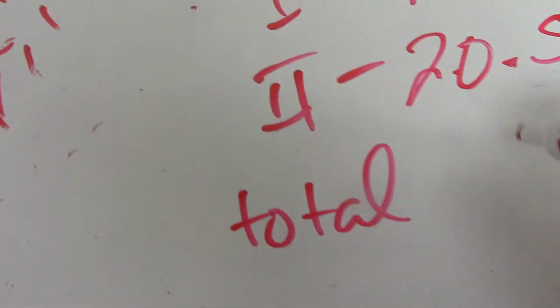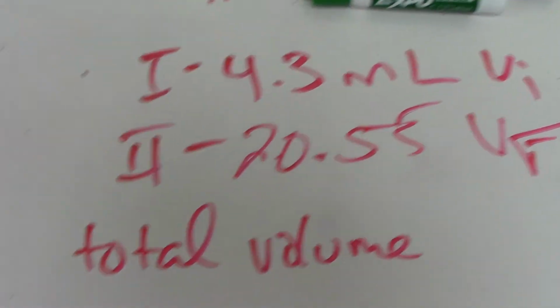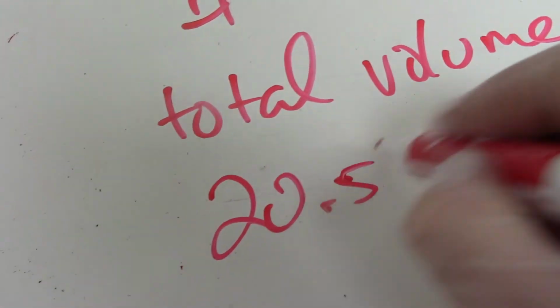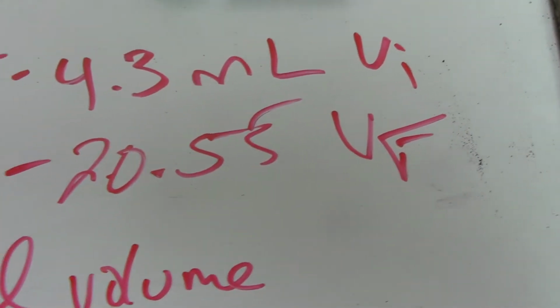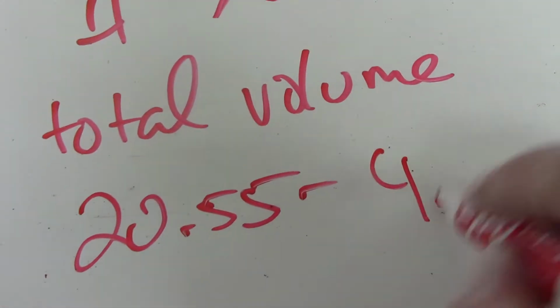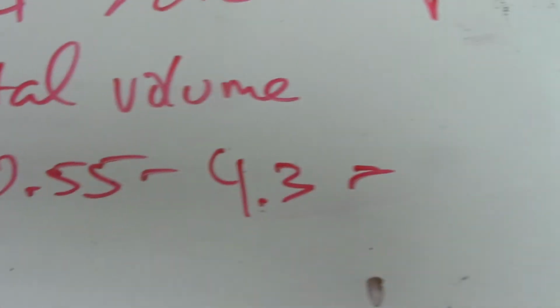So my total volume used in that titration, if 1 and 2 are my initial and final volume, is 20.55 mL, which is my VF, minus 4.3. So 20.55 minus 4.3 will be the volume used in that titration.